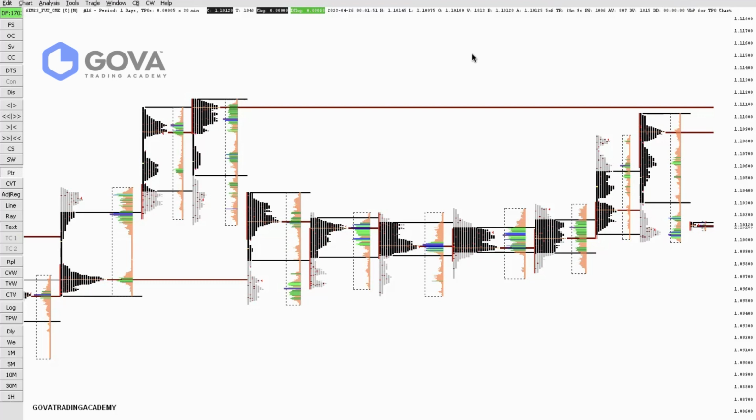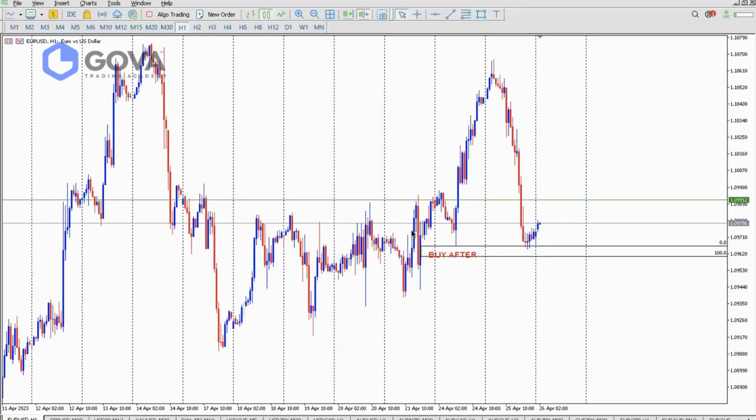Now, first of all, in the Sierrachart platform, let us check on the candlestick charts. On the candlestick charts, you can see that this is Euro USD.